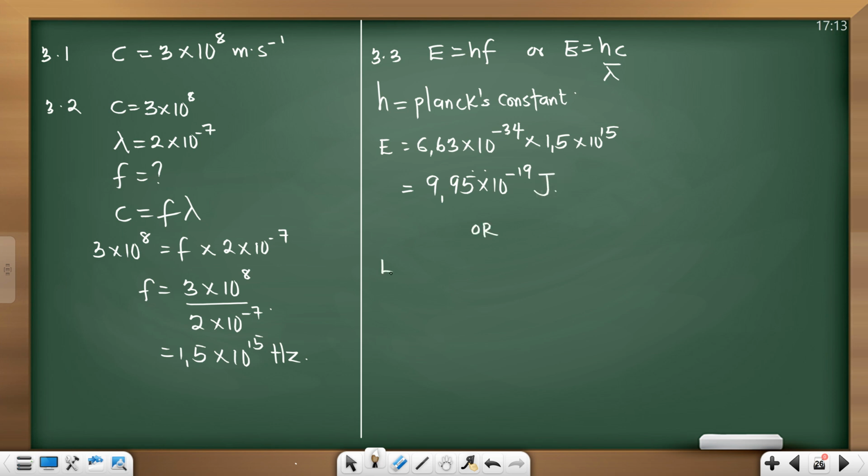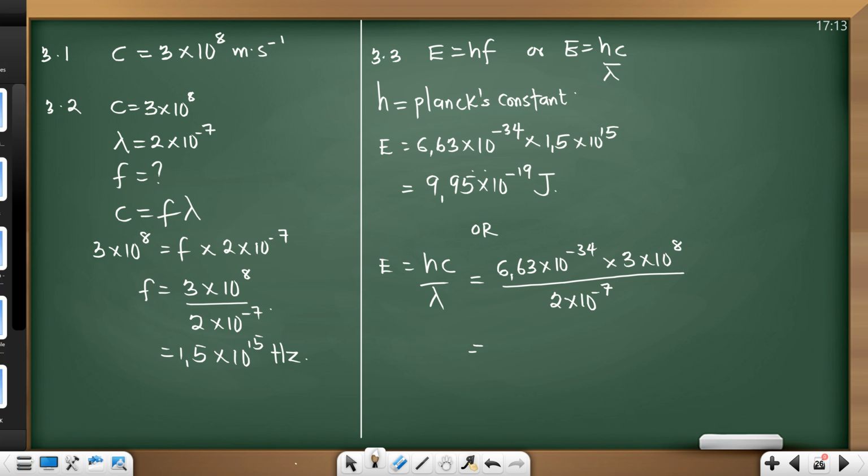Or let's check the second one. hc over lambda. 6,63. We just substitute in once you know your formula, times 3 times 10 to the power 8. What is your wavelength? Your wavelength is 2 times 10 to the power negative 7.